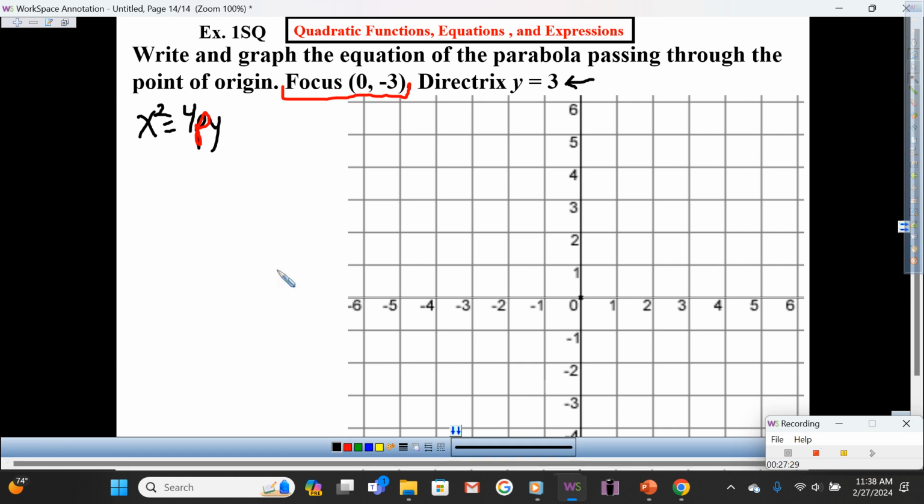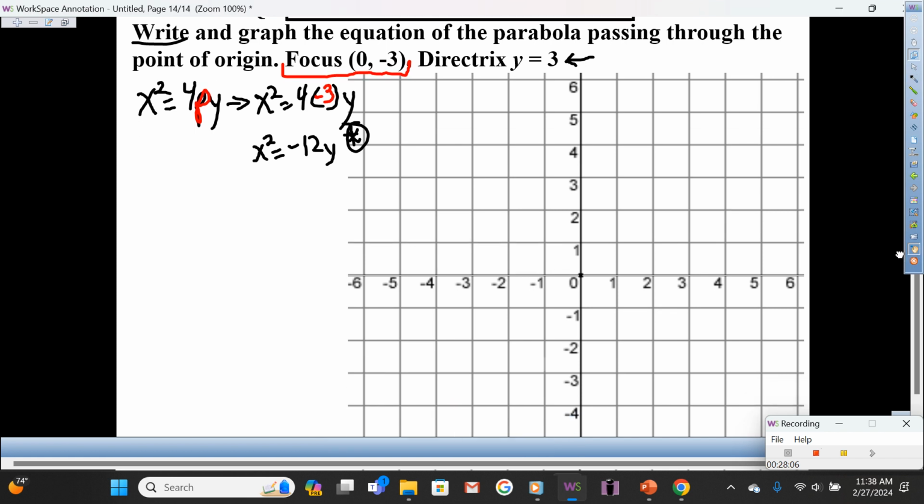So therefore, x squared equals 4 parentheses y, and you said -3, so therefore this is x squared equals -12y. Hands up, have you got that by yourself? Okay. Next step. Pass to someone, Trinity. And by the way, I'm going to put an asterisk here because we're done with writing our equation. Okay, and I'm passing it back to Trinity. What do I do next?